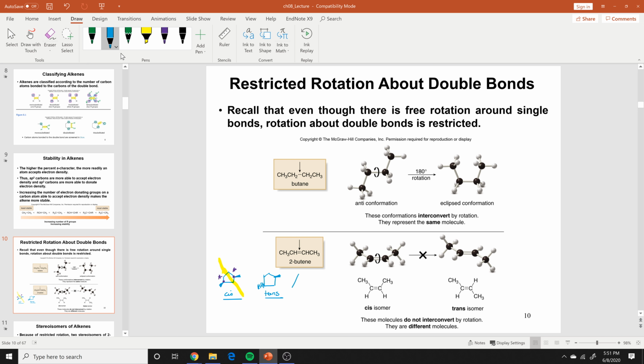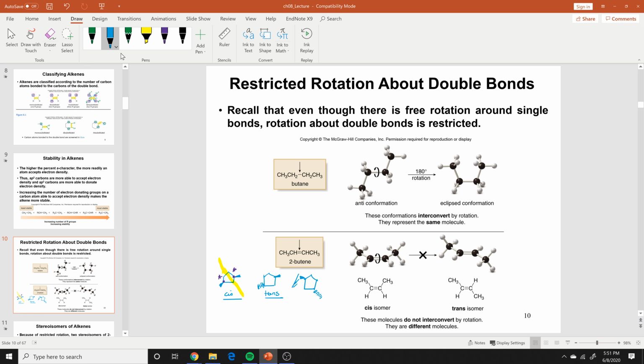So the trans will have a mirror image in that case, and the mirror image will look like this. This is going to be the mirror image of the trans. Notice, the mirror image of the trans is a trans. If cis had a mirror image, then it would be cis. And this proves that you cannot go from cis to trans by rotation.